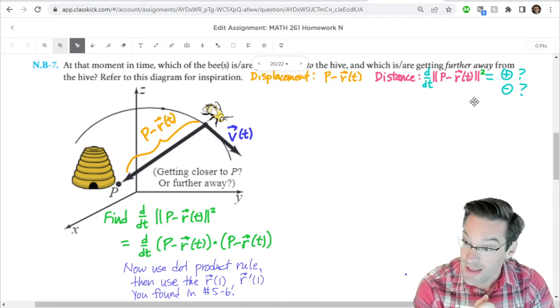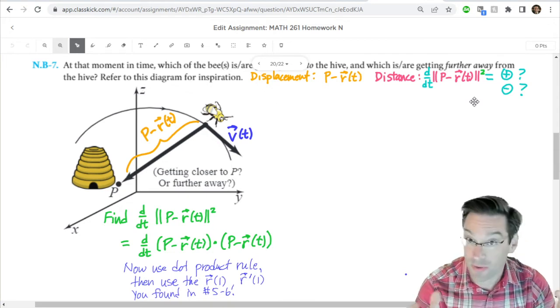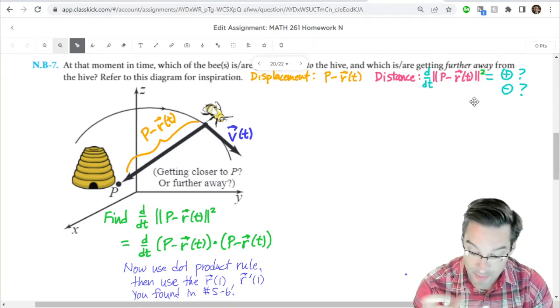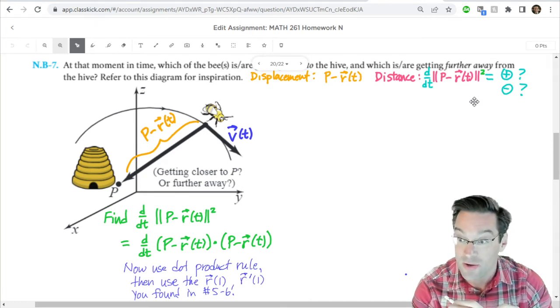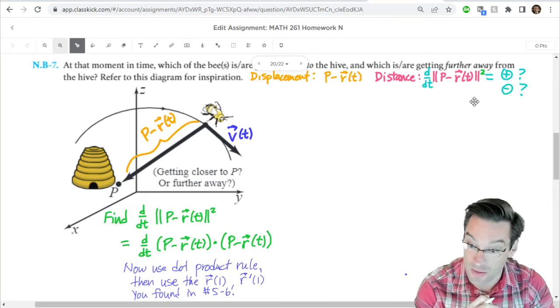Because all we care about here is whether that rate of change is positive or negative, we don't need the specific number. The time derivative of the distance will be positive or negative exactly when the time derivative of the squared distance is positive or negative. So we can get away with putting that square in there, which is nice because then we don't have to deal with the square root in our computations.